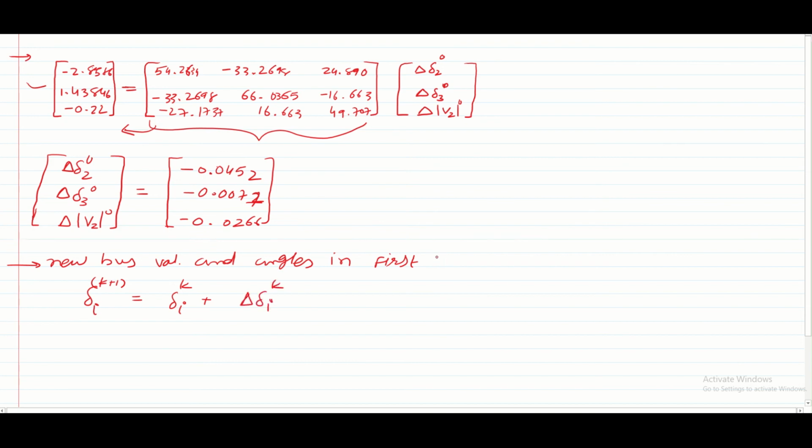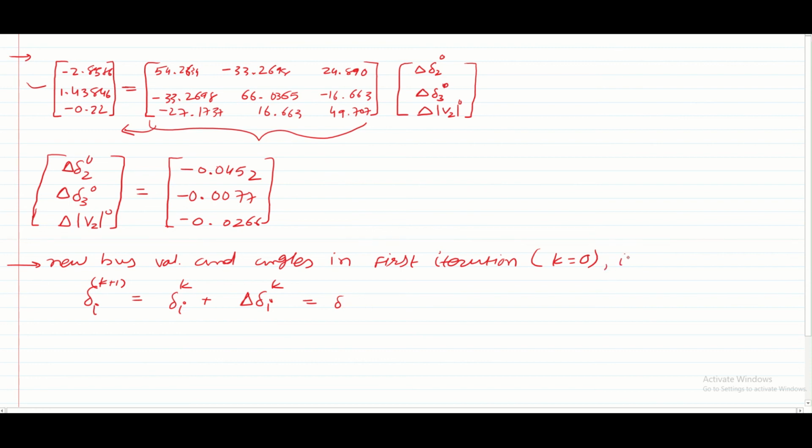Here for first iteration, that means k is equal to 0. Okay, so here just substitute the value of delta 2 at initial condition, or I can write all the equation again.